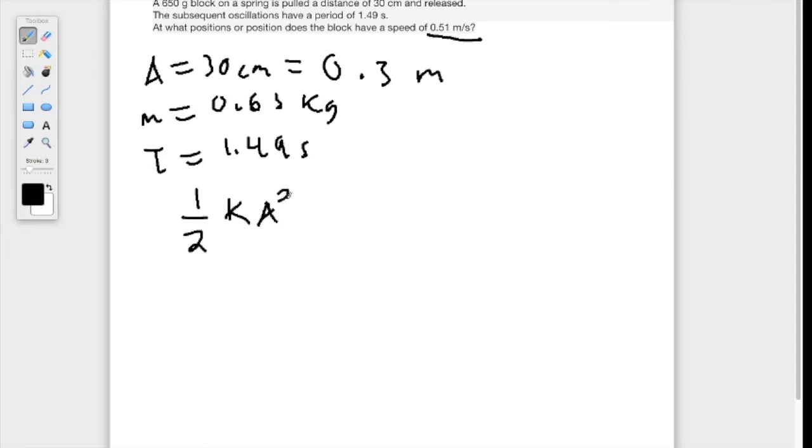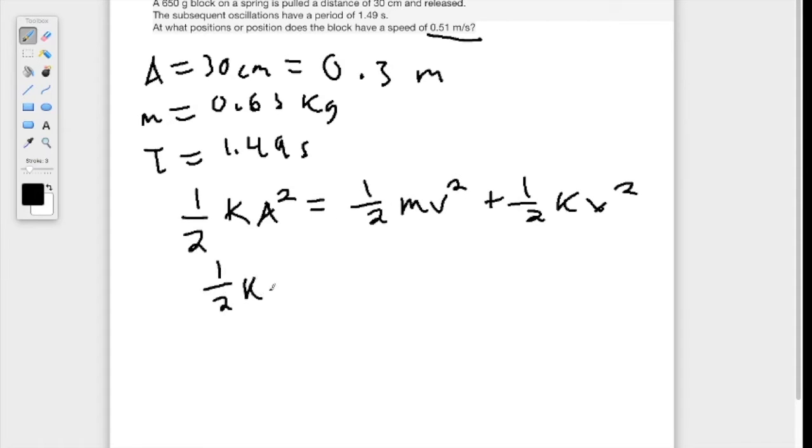So 1/2 kA squared equals 1/2 mv squared plus 1/2 kx squared. So I'm going to bring the 1/2 mv squared to the left side. The 1/2s cancel out.